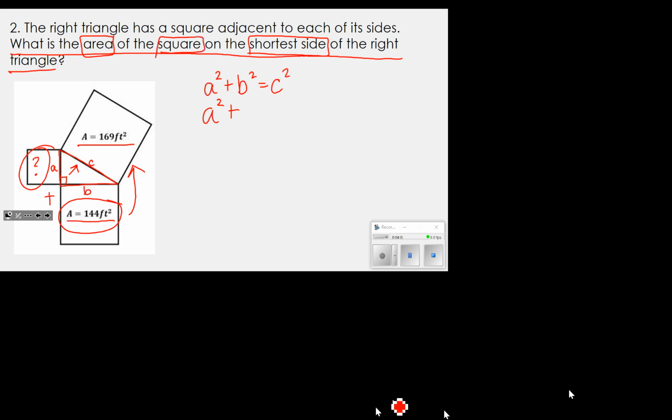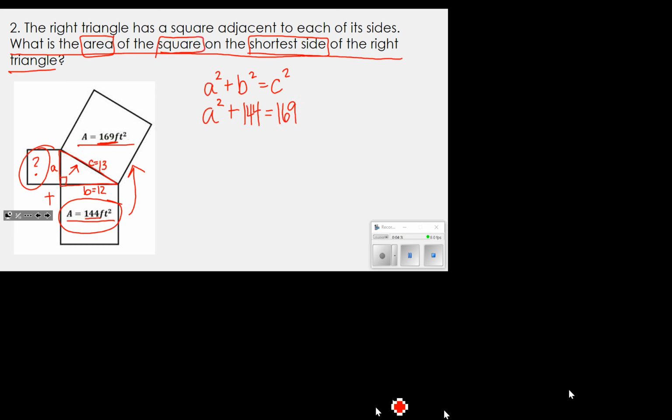The area of that square is 144. If that's confusing to you, you know that the square root of 144 is 12, so B actually equals 12, and 12 times 12 is 144. So let's put in 144, equals C squared. The area of the square off of side C is 169. If you take the square root of that, that will give you the length of C, which would be 13. But we're going to use the 169 because we're talking about the area of the square.